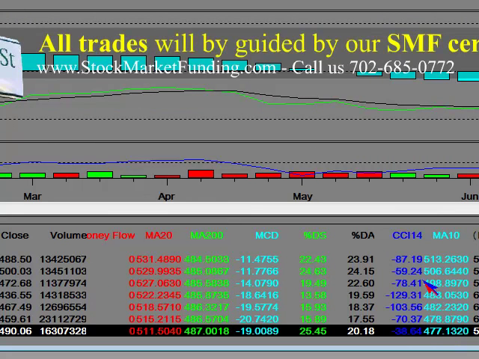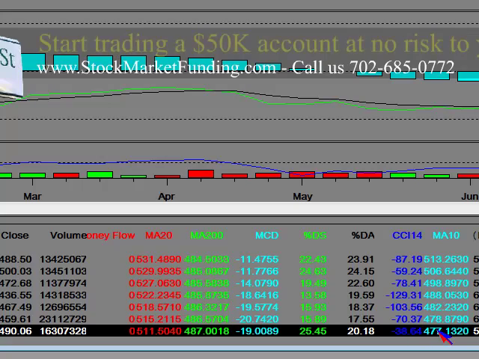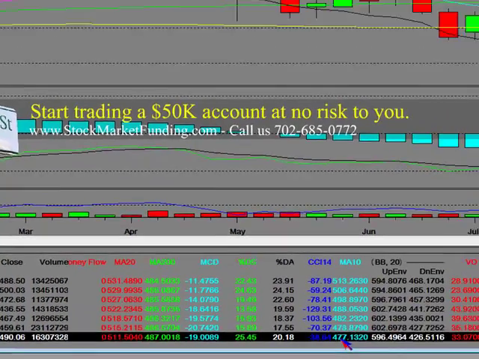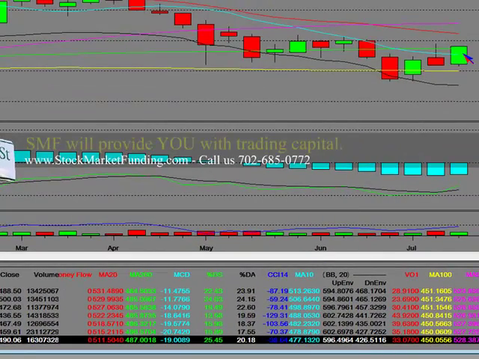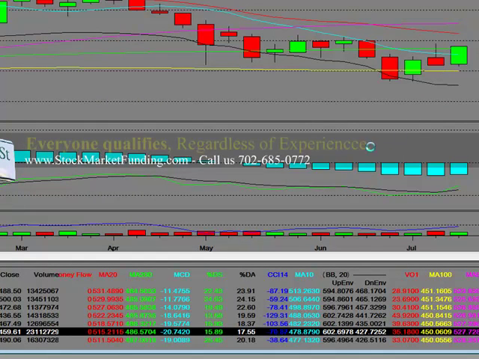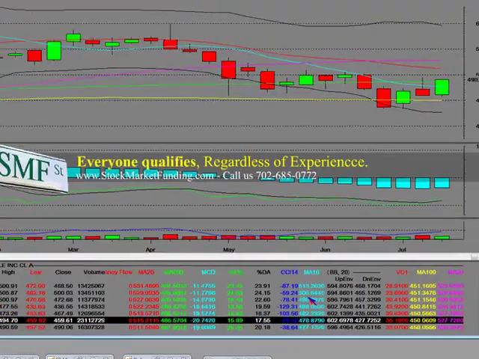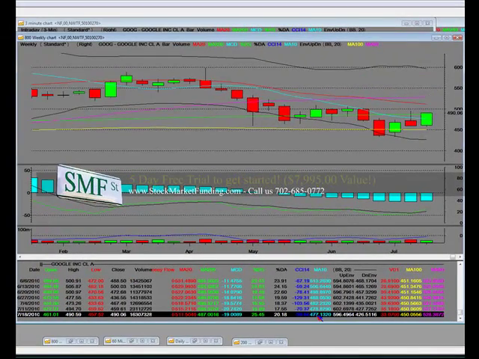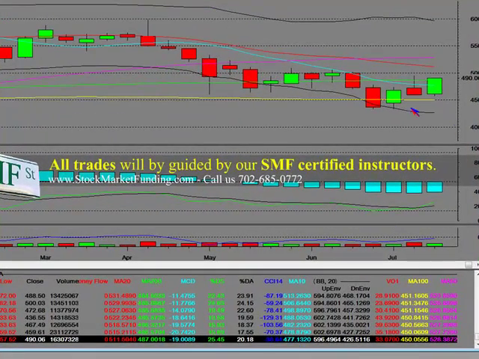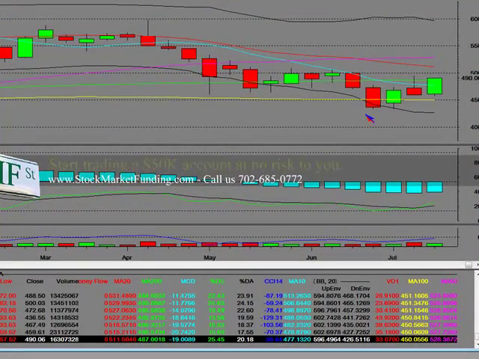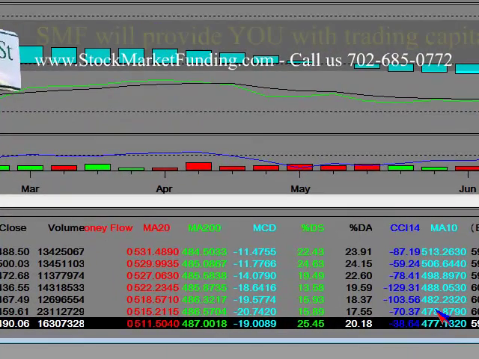What we will want to see in the following week is that the 10-week, the previous week right here, the 10-week moving average was at 478. Now it's at 477, but it's flattening out. The upcoming week we want the 10-week to advance, called ascending, going up in value, and take out that last week of 478 and go higher.